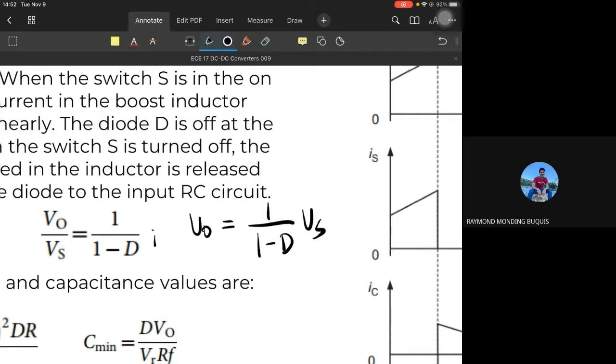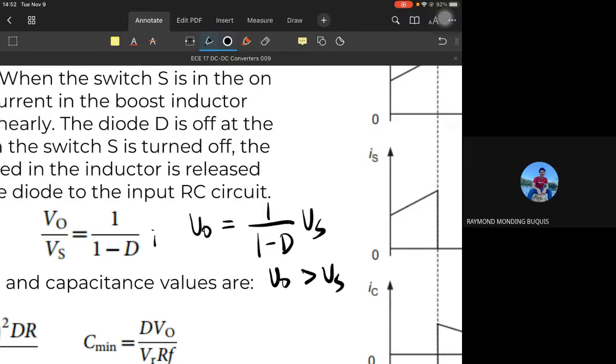But if D is smaller, the factor is smaller. But still, in any case, Vo will always be greater than Vs.